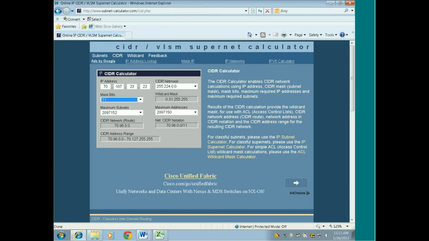Bing. Here's my CIDR. Notice my second octet is 96. My broadcast is 127.255.255. How many addresses do I have? 2,097,150.